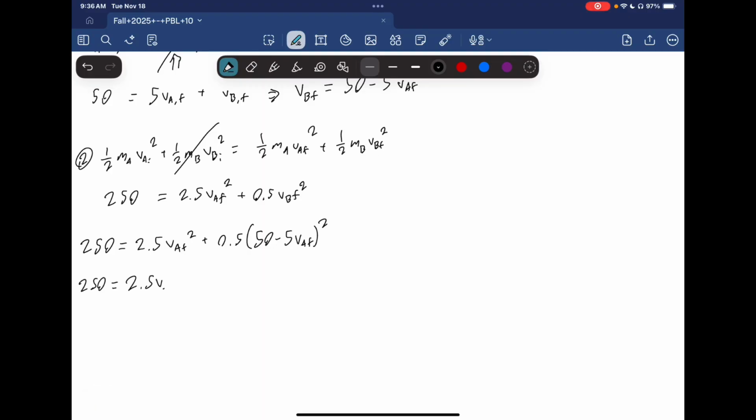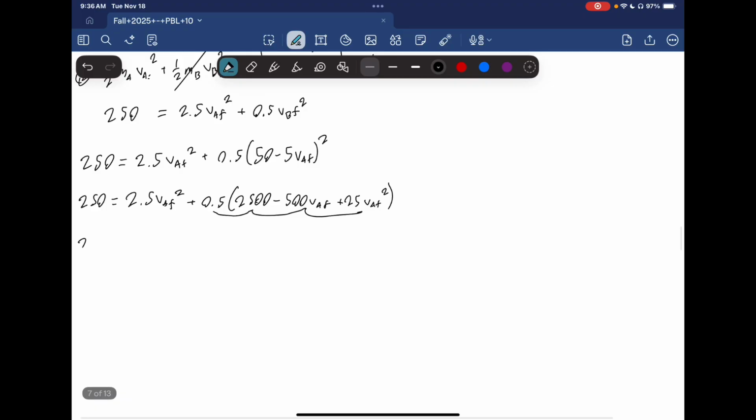So let's first expand this. We have 250 equals 2.5 VAF squared plus 0.5. And then if you expand this, you get 2,500 minus 500 VAF plus 25 VAF squared. And then we can distribute this 0.5 to all three of those.